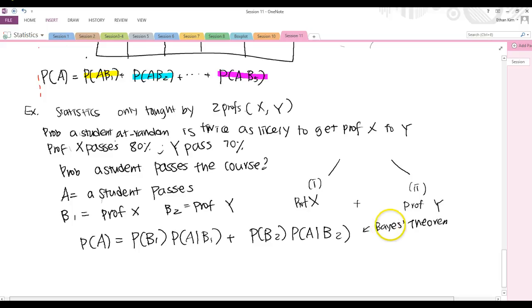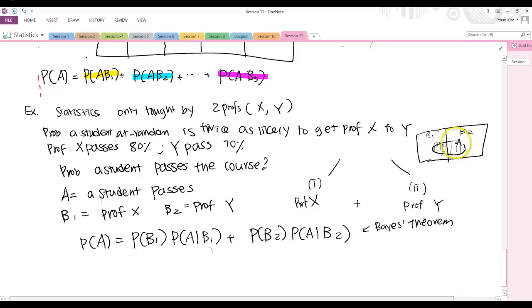If you look at the Venn diagram here, here is B1 and here is B2, and we're looking for A. So we're adding these up, right? We're looking for this part, where we talk about B1 times A given B1.